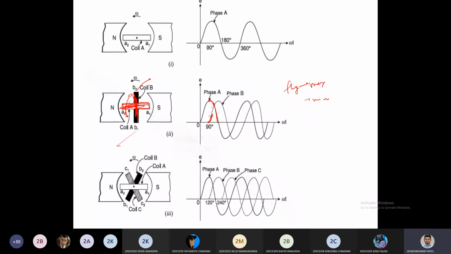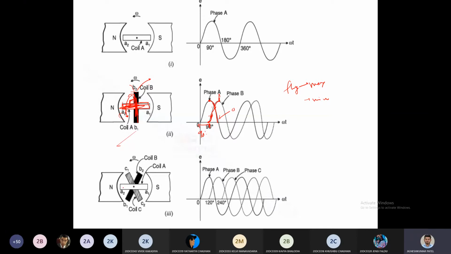At that time, B has a maximum flux and A has a minimum, so I get zero EMF on that side. So see, this is how a polyphase system works. If you measure the difference between these two, you will get a 90 degree difference, because we have 90 degrees over here. That's why when the two reach maximum and minimum, they are 90 degrees apart from each other.